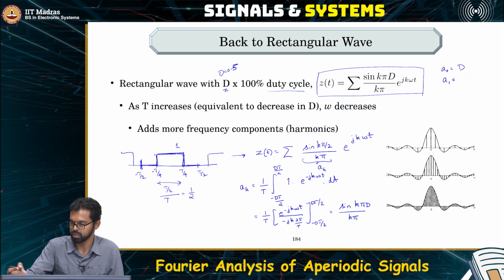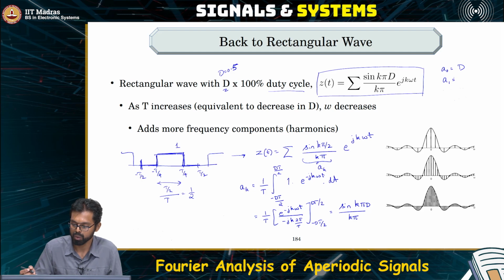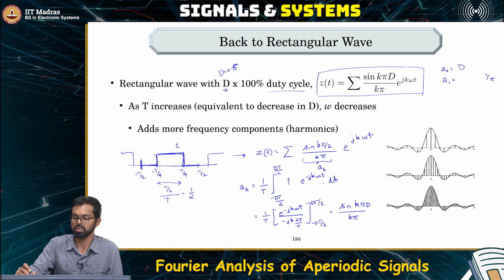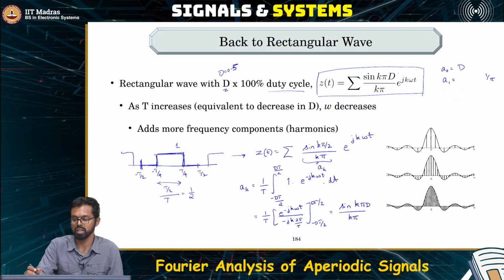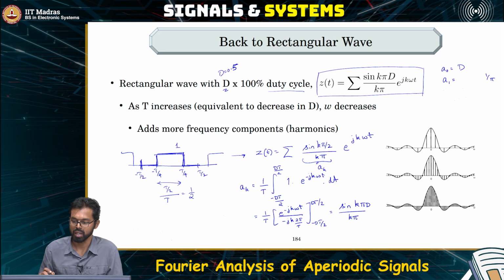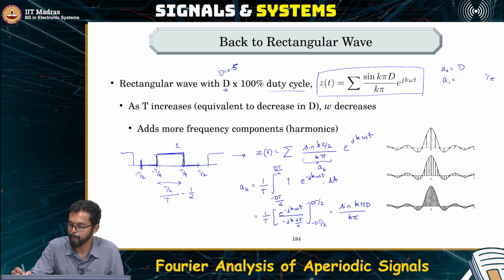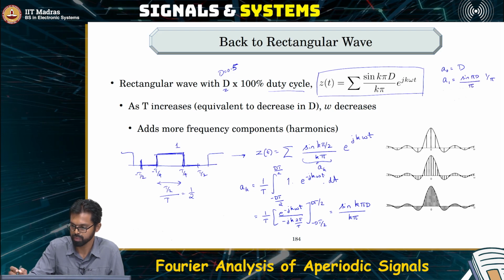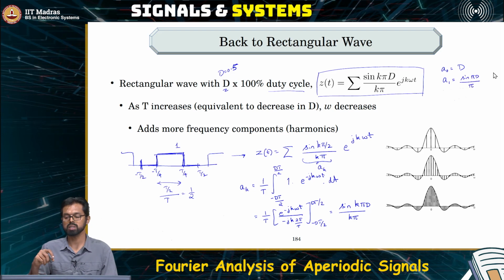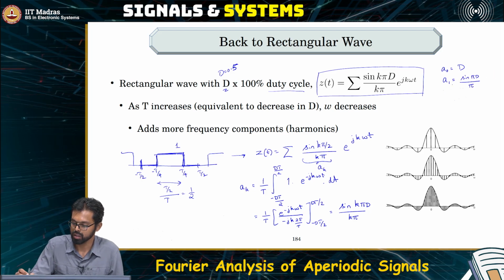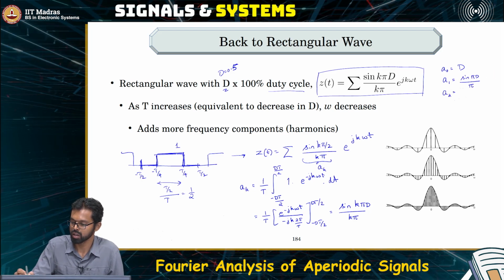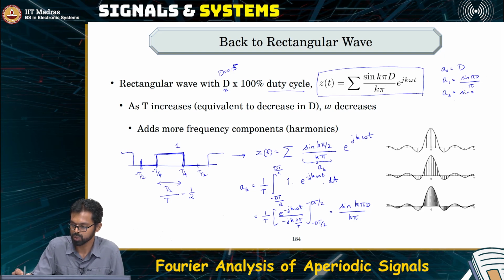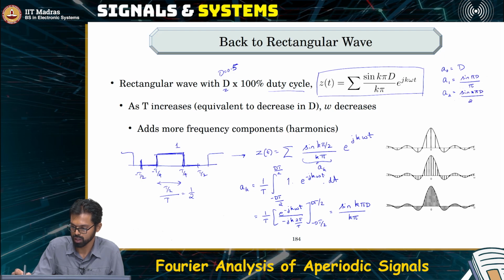What is A1? Earlier we had A1 equal to 1 by pi for k equal to 1 for duty cycle half. Now in this case we have sine pi d divided by pi. Okay, so this is A1, and A2 equals sine 2 pi d divided by 2 pi.